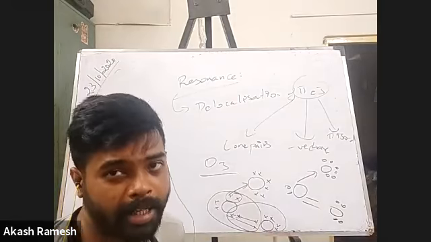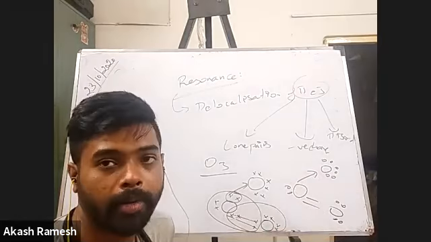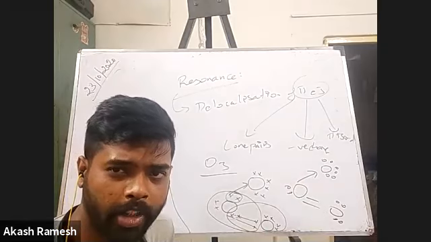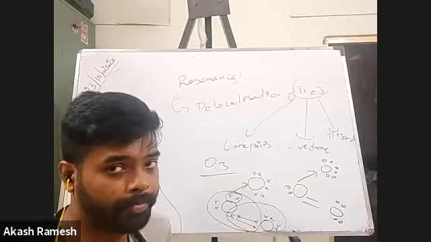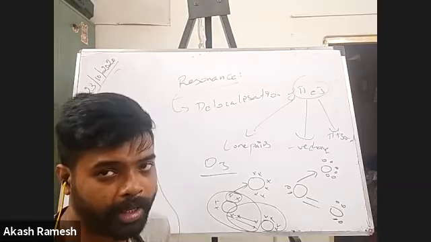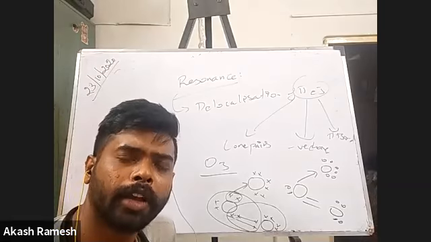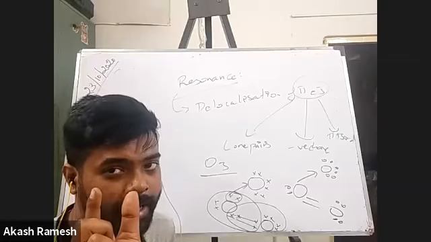So what I understand is, I have a single bond and I have a double bond between the oxygens. So generally, what do I expect? I expect a double bond to be stronger than a single bond. Obviously. So if I compare the bond lengths, what is the distance between the 2 oxygen atoms?